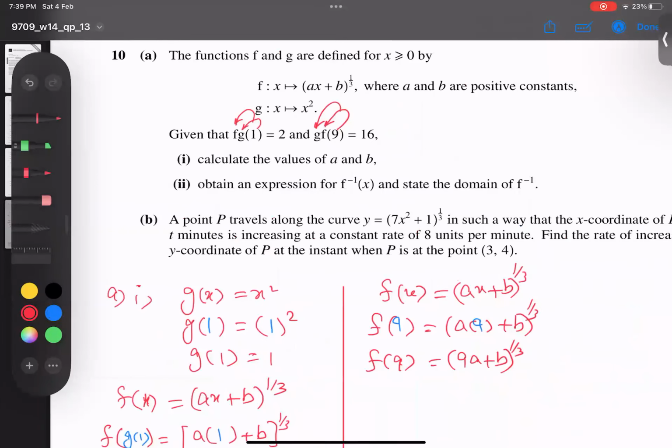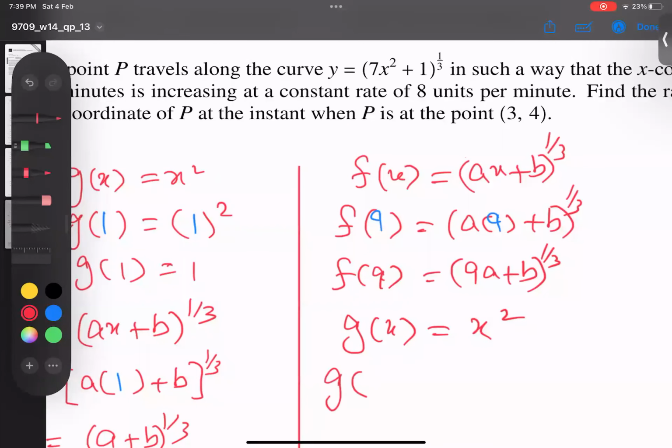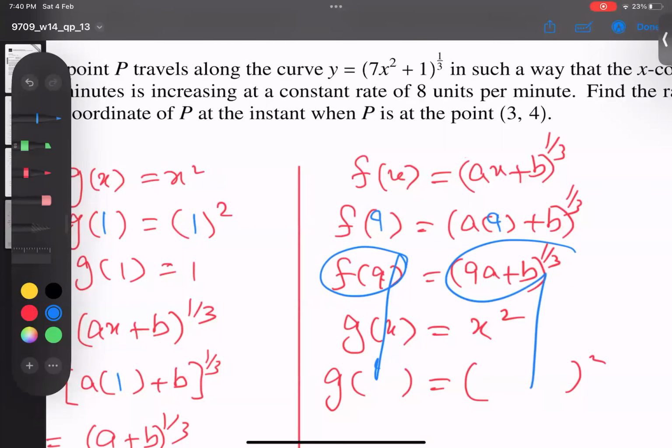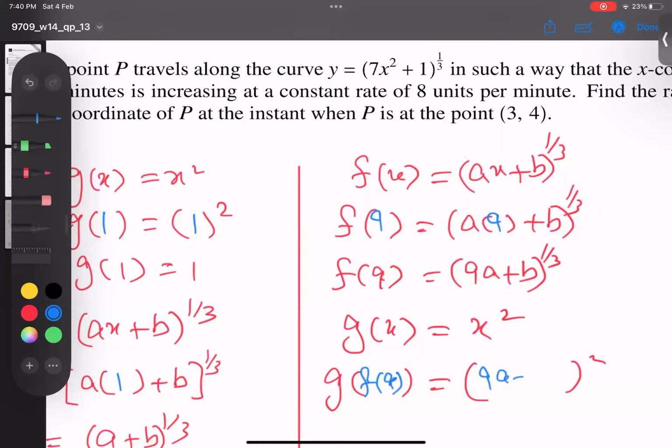And the whole thing I will keep in G now. So I'm writing G now: X square. And how many x's? Leave empty spaces. For your knowledge, this f of 9 will come here and its value will come here. There is some algebra here, so be careful regarding this. And (9a + b) to power 1 over 3.